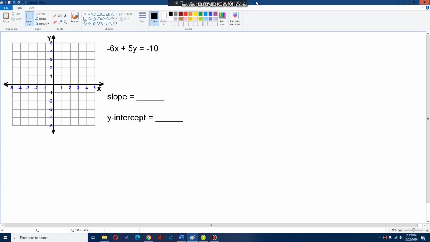Today I'll tell you how to graph and find the slope and y-intercept of a basic linear equation. As you can see, you've got minus 6x plus 5y equals minus 10. Before we do anything, it must be remembered that all linear equations must look like this format: y equals mx plus b, because this is what every linear equation should look like in order for us to plot it on the graph.